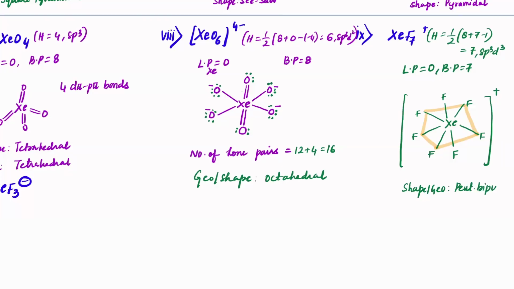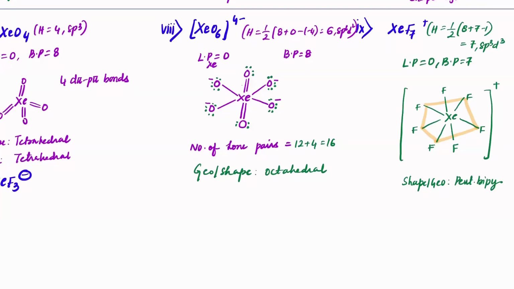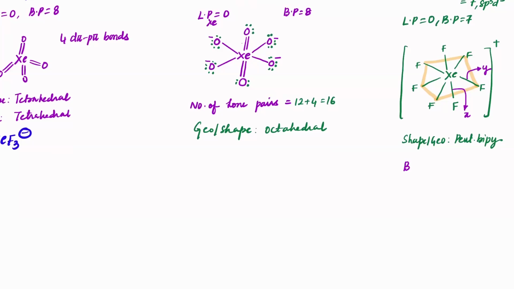Now something interesting here: if I take the axial bond length as x and the equatorial one as y, then normally as per Bent's rule, we have learned that the axial should be long. Here the equatorial will be long, because we want equatorials to be as far away as possible to avoid more repulsions between them, which means they should be as elongated as possible.